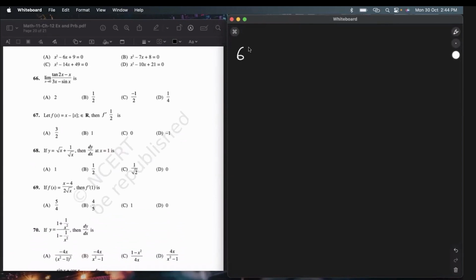Alright. So in question number 66, we have the limit as x tends to 0 of (tan 2x minus x) divided by (3x minus sin x).